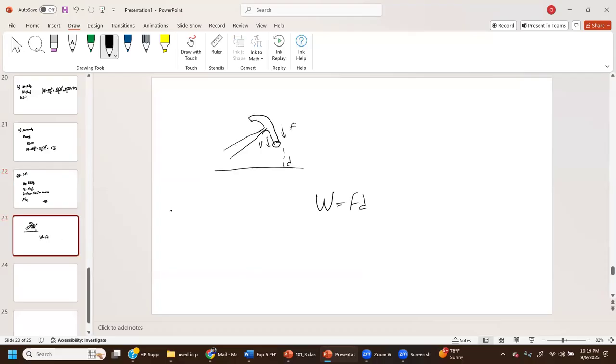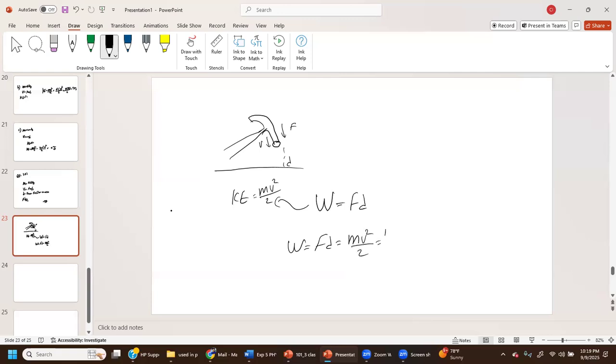But the hammer is moving. That means it would have a kinetic energy, which is going to be mv squared over 2. So we can actually say that your work, which is your force times your distance, is equal to your kinetic energy, which is mv squared over 2.